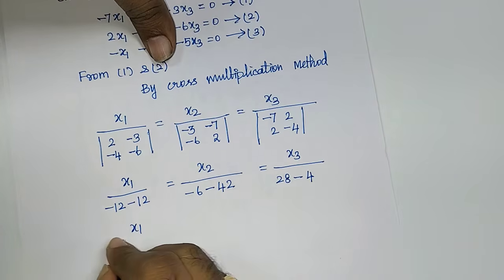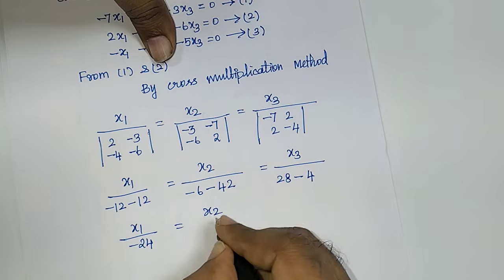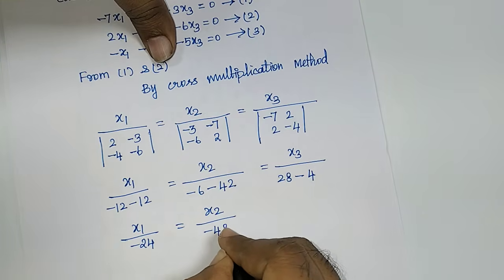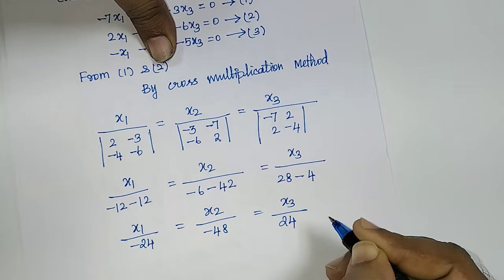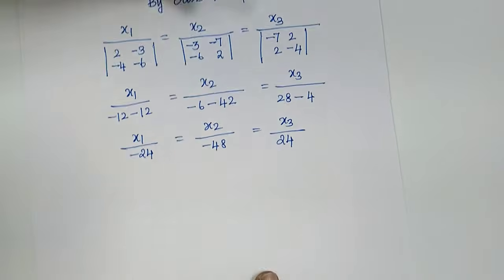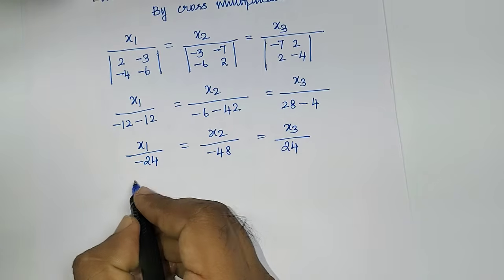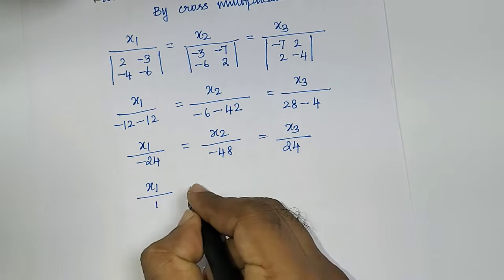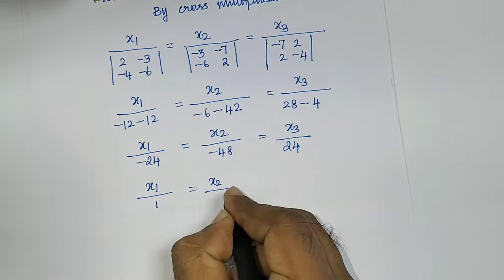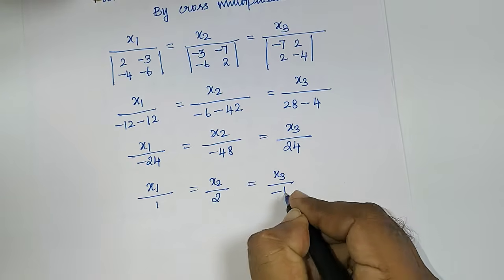So I am writing x1 divided by minus 24, x2 divided by minus 48, and x3 divided by plus 24. So I am going to divide by the common factor minus 24. We will get x1 divided by plus 1, x2 divided by plus 2 and x3 divided by minus 1.